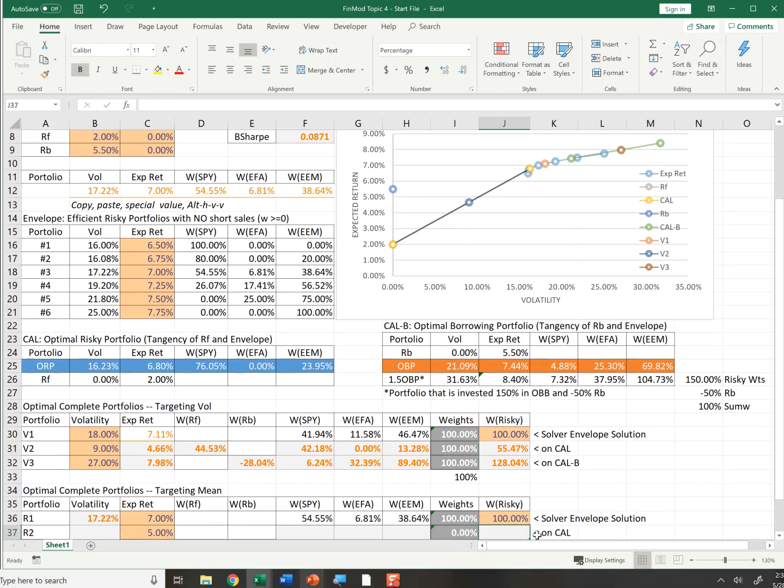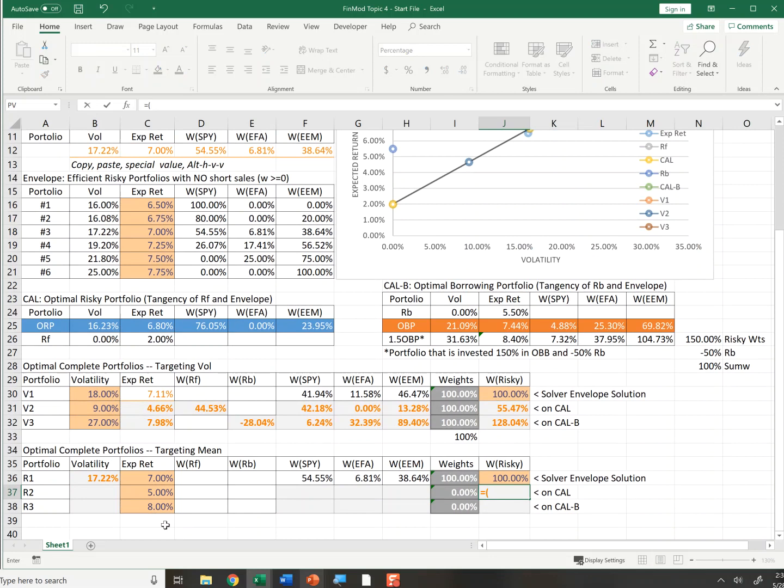That weight, I'm going to say equals open my total targeted expected return minus RF divided by the return of the optimal risky portfolio minus RF. And that number, change that format, is 62.5% invested in the risky. 1 minus that, invested in treasuries.